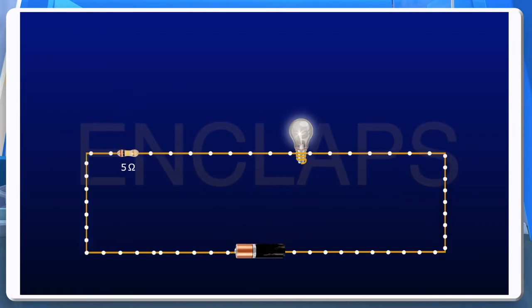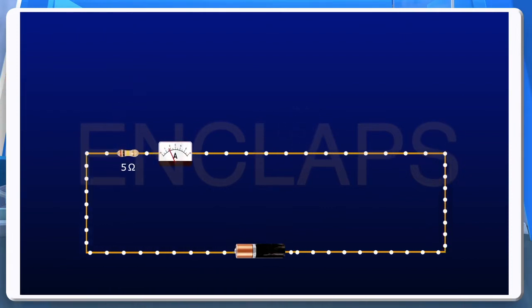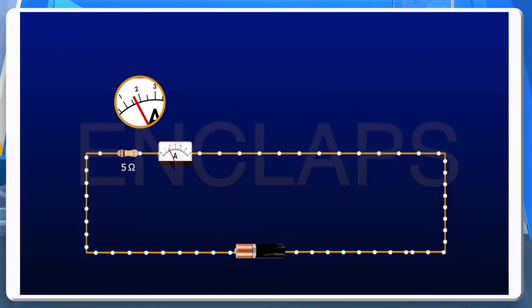When a 5 ohm resistor was included in the circuit, the current decreases. Now the ammeter reading is 1.8 ampere. That is, the current in the circuit is 1.8 ampere.